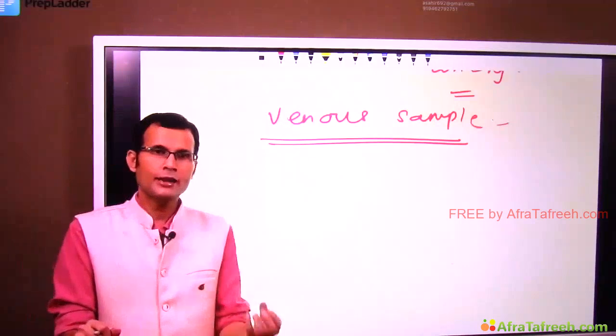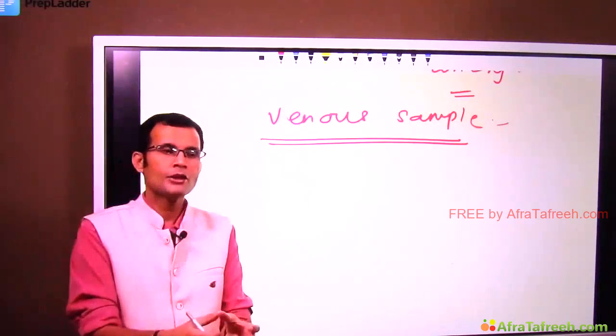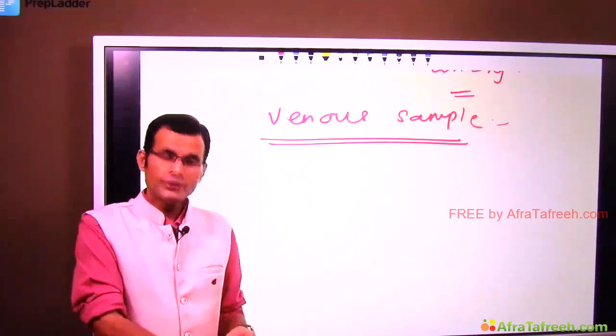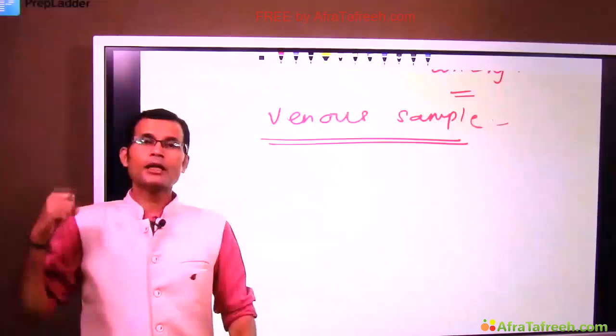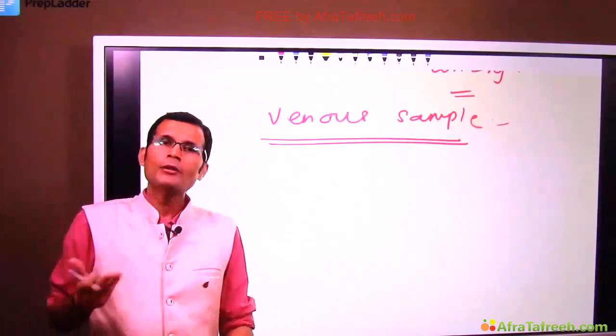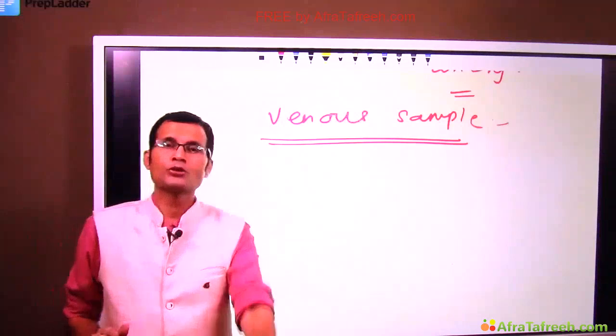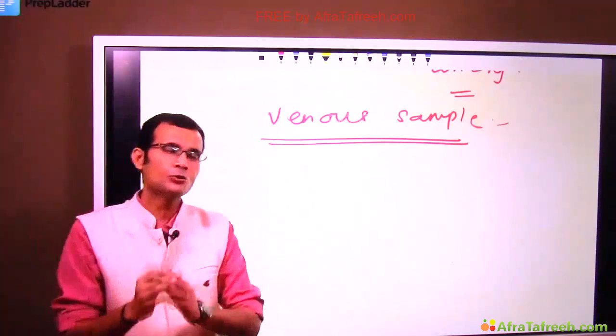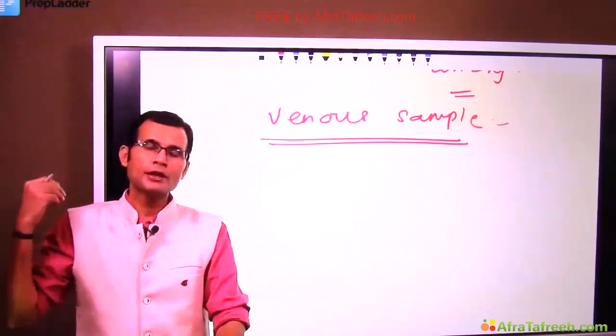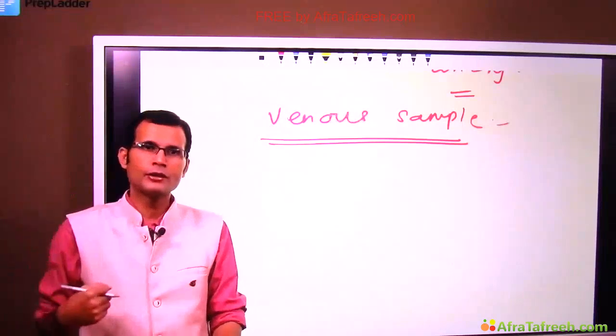I mean, imagine that one part of the body is consuming more oxygen, then the venous blood coming from that part will have less oxygen, because more oxygen was taken out by that tissue or organ. So venous blood returning from that tissue will have less oxygen in it, isn't it?